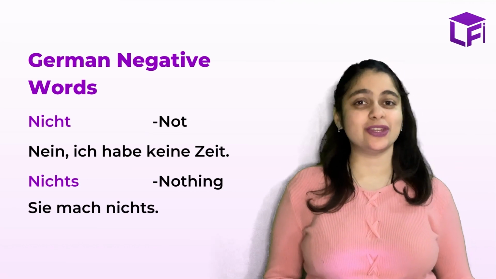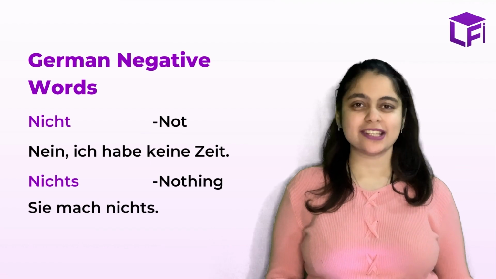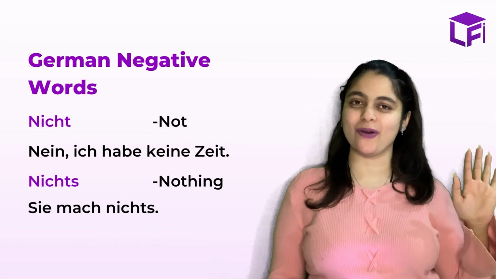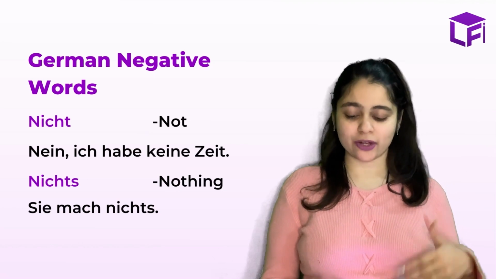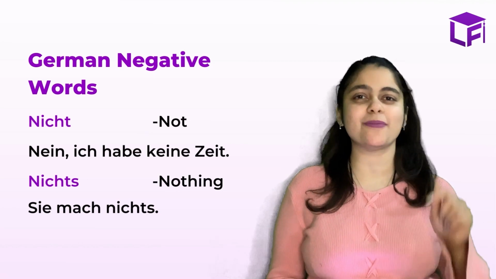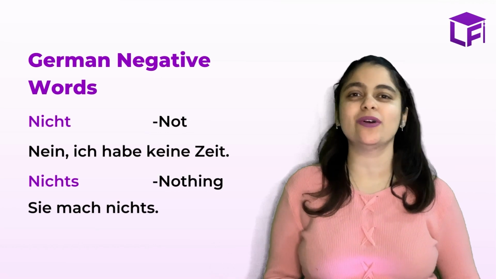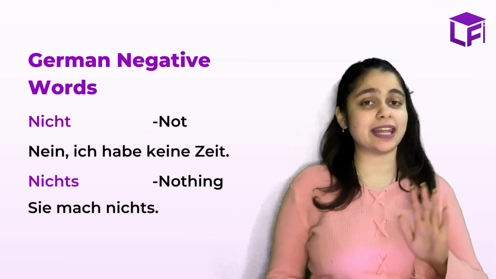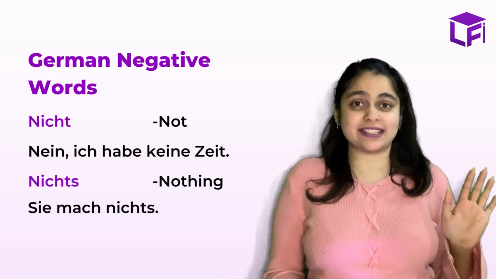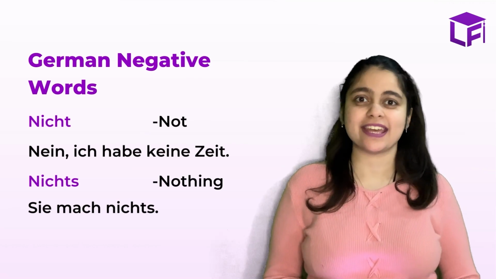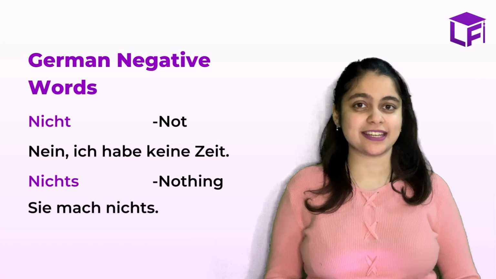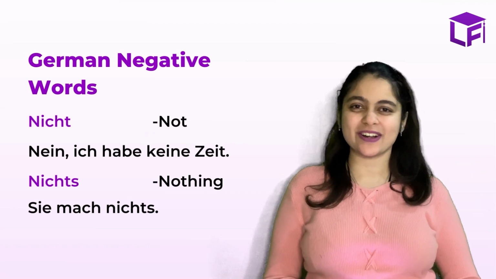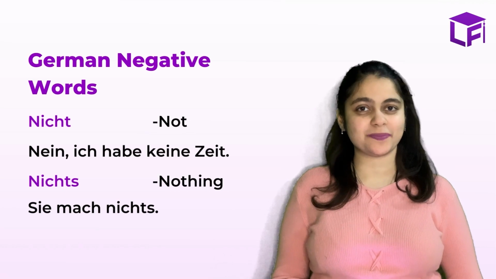It is no. So nein in English means no. Straight up, no. Now to understand this better, I'll share a Beispiel for each of the negatives. The Beispiel for this one says, Nein, ich habe keine Zeit. This means, no, I don't have time for it.